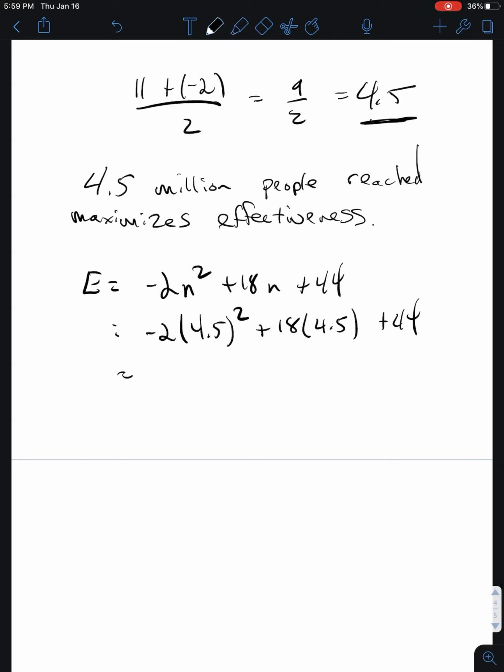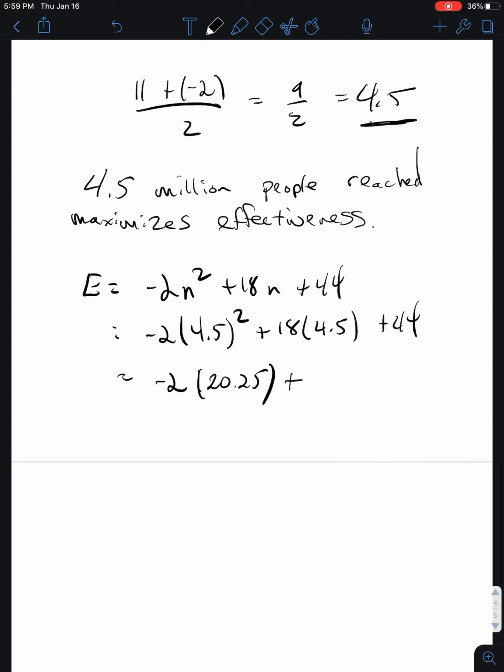I don't know what 4.5 squared is, 20.25.